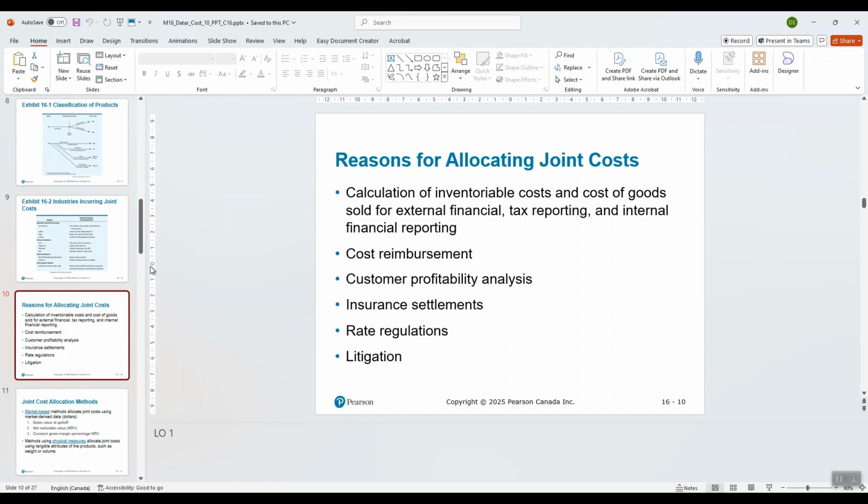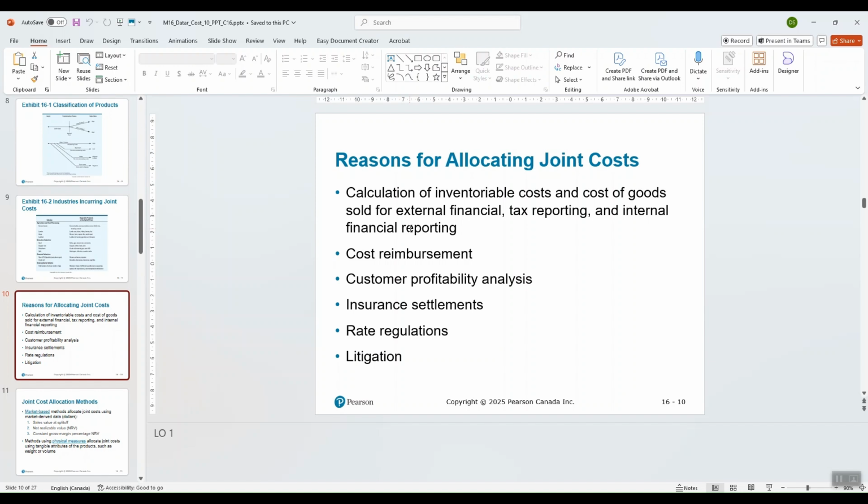So for that, it's important for you to make sure that the cost is being allocated to the different products, or the cost is being allocated in a way that it is looking at all the different factors such as byproducts as well. So the cost allocation is important for the external financial reporting because the users want to see the profitability of each product that exists within the company.